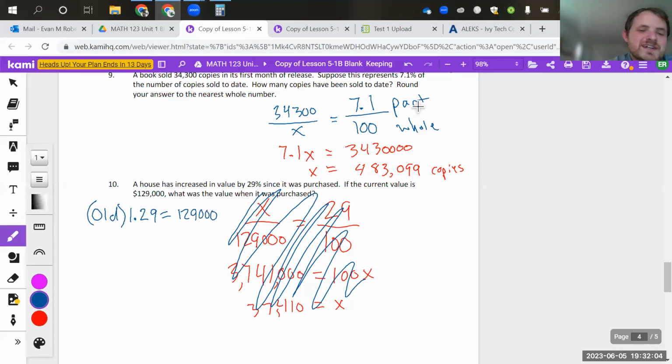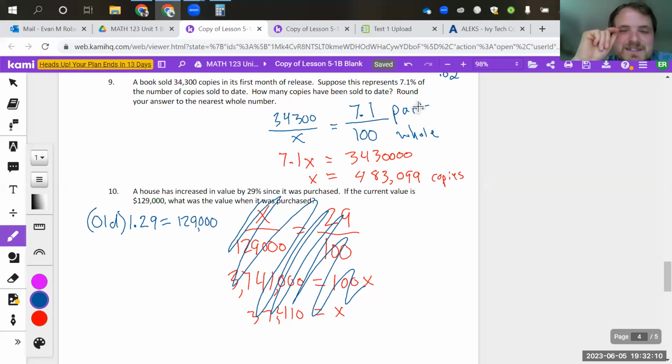The reason I'm frustrated is that I feel like this question belongs in the next unit, but it's on your assignment, so I don't want you to be blown up when you get to it. If we're trying to figure out the old value of the house, we just need to move that 1.29 to the other side.